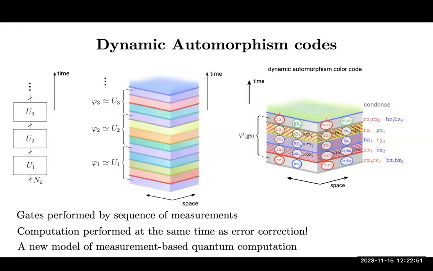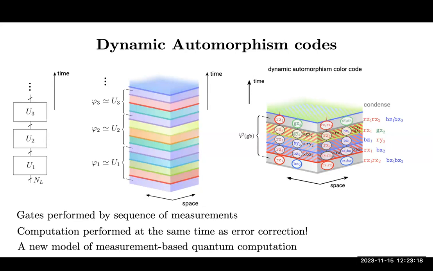And what we figured out is exactly what I just told you, and we call this a dynamic automorphism code. So it's a long name, but we call it dynamic because your schedule does not need to be Floquet, or it does not have to have periodicity, depending on what kind of gates you want to perform. Suppose I have some computation I want to perform in a quantum computer implemented by some unitaries.